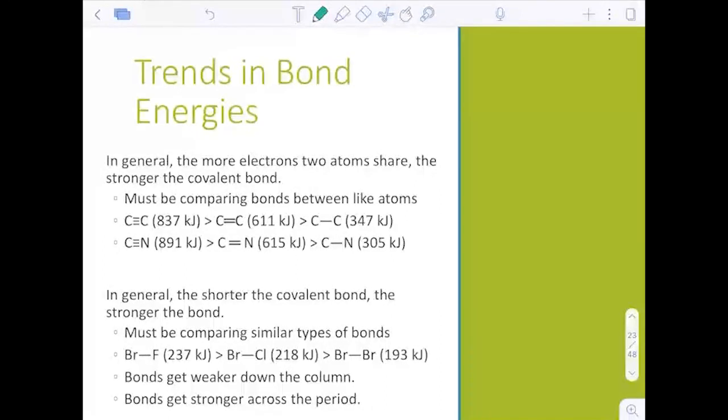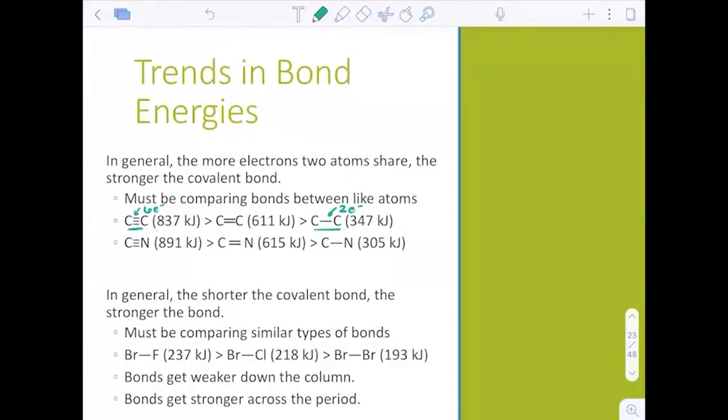Trends in bond energies. In general, what we see is that when comparing like atoms to atoms, so carbon-carbon bonds, a triple bond costs more energy than a single bond. That makes sense. There are 6 electrons here to pull apart. There are only 2 electrons here to pull apart.